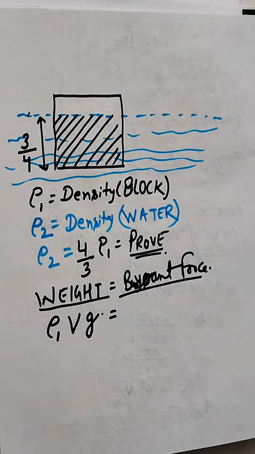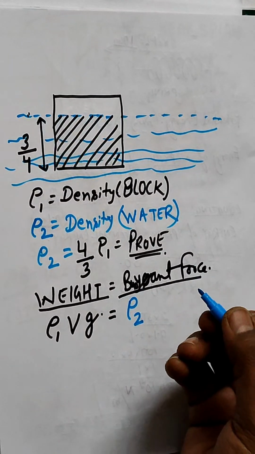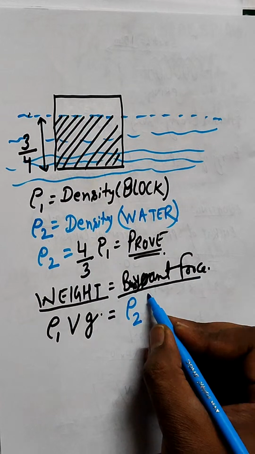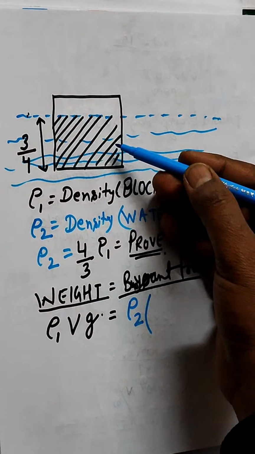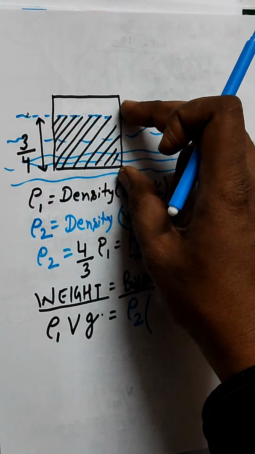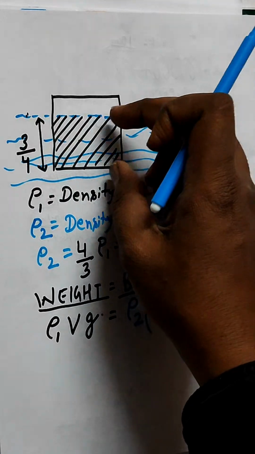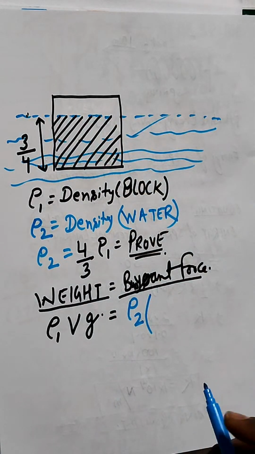So the buoyant force will be given by rho 2 and the new volume. The buoyant force is directly proportional to the volume which is submerged into the water, right?